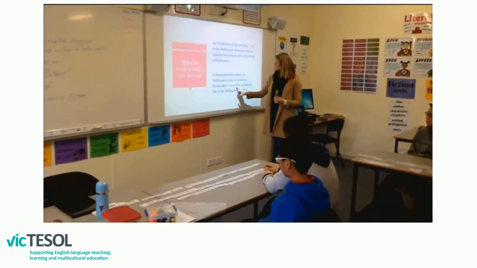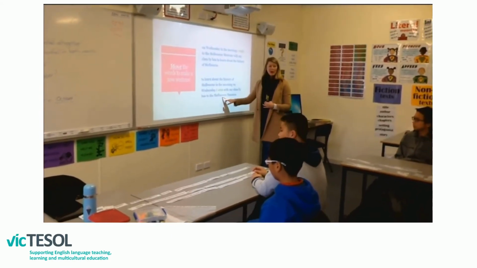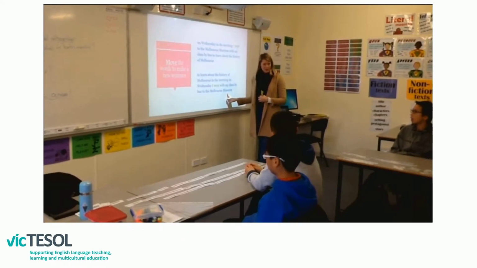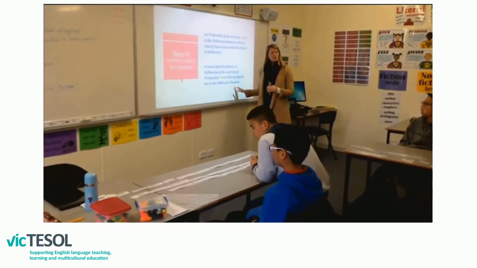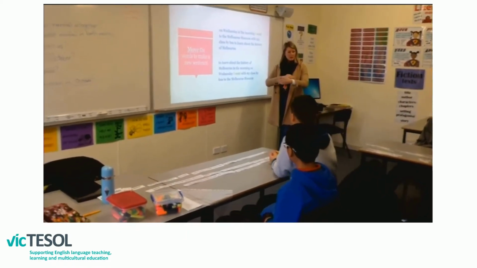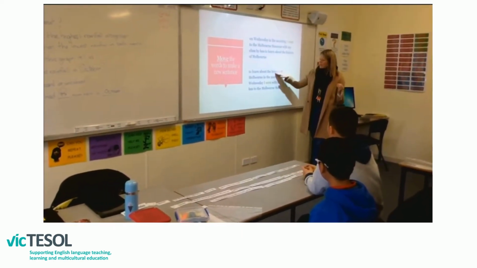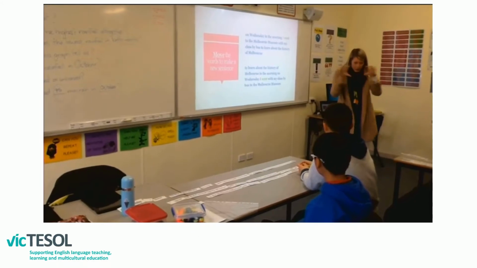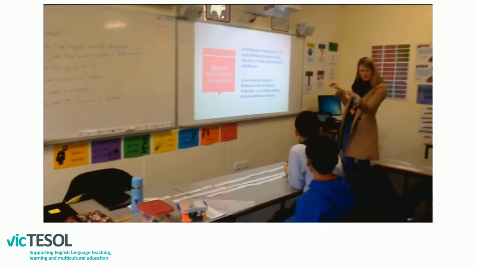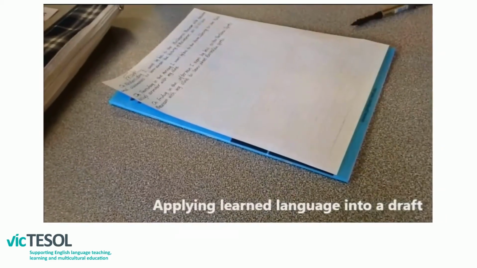In the morning, on Wednesday, I went with my class by bus to the Melbourne Museum. Okay? So this sentence is a little bit different. And this is okay too. We are putting why first because we want the reader, the person who is reading the sentence, to know that this is important.